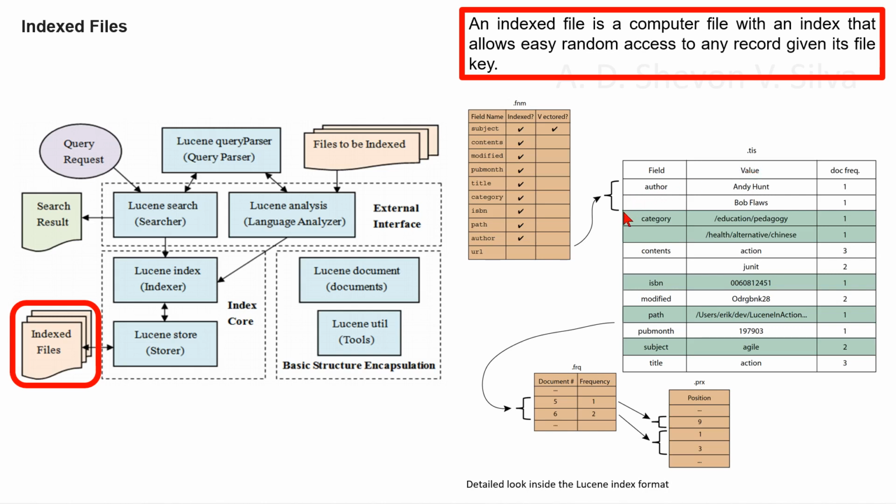Terms are ordered first alphabetically, according to the UTF-16 Java character, by field name and then by the value within the field. Each term entry contains its document frequency, the number of documents that contain this term within the segment.